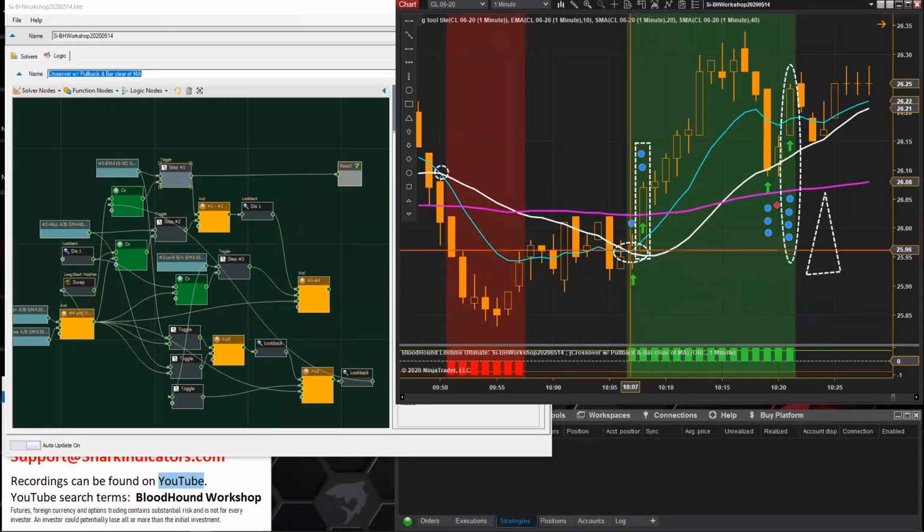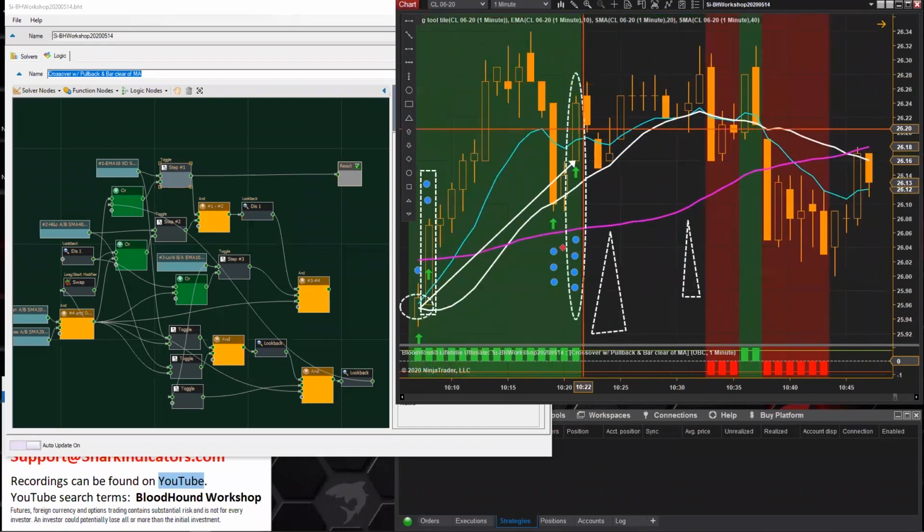We have the crossover, and we take this crossover signal and extend it forward until we actually get the signal bar. After the signal bar, that toggle node turns off, and now there's no risk of getting any false positive signals after the first signal bar.